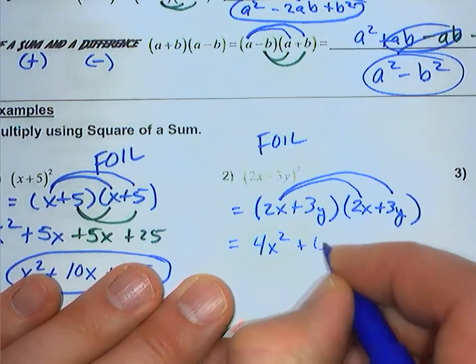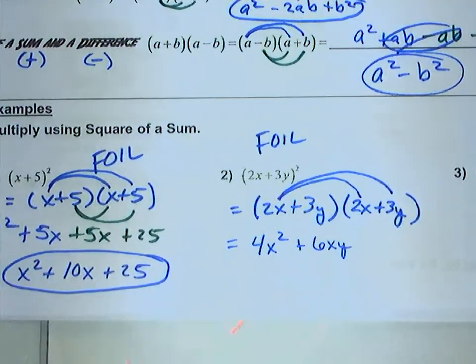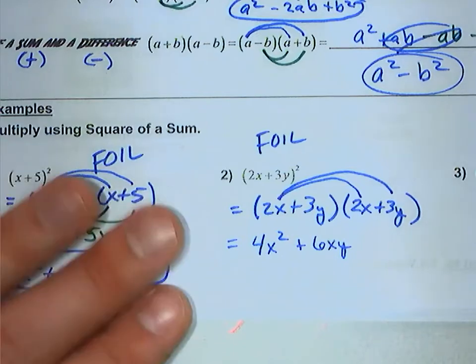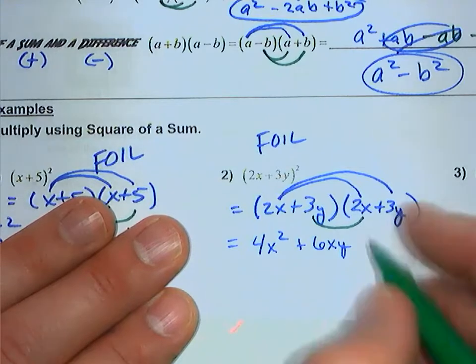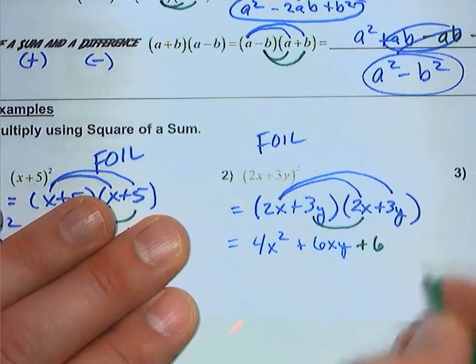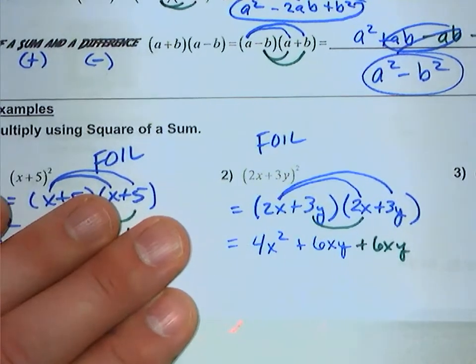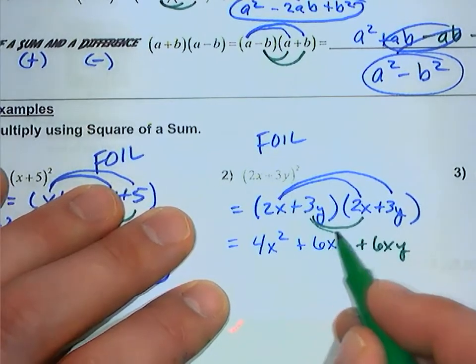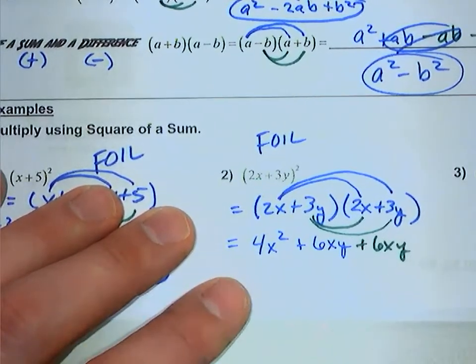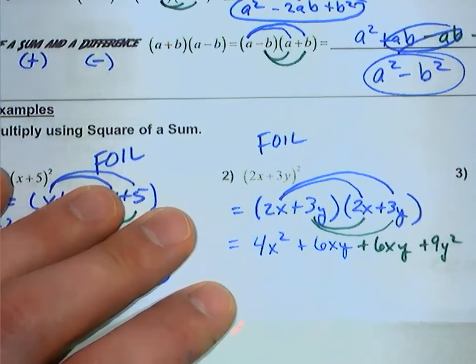Yes, 2 times 3 is 6, and then x times y is just xy. Always want to write that in alphabetical order. Don't write it yx, have it always xy. All right, awesome. We do the next one. 3y times 2x. 3 times 2 is 6. Y times x is the same thing as x times y, and I want you to write it in alphabetical order as 6xy. All right, last but not least, I got 3y times 3y. Kyle, what's 3y times 3y? 9y squared. Perfect.